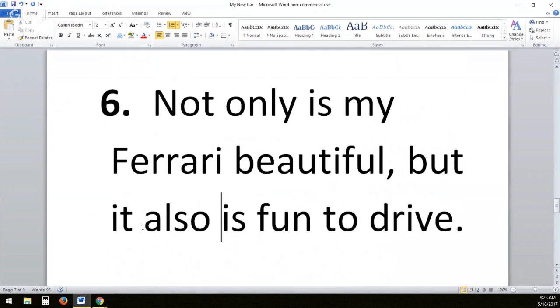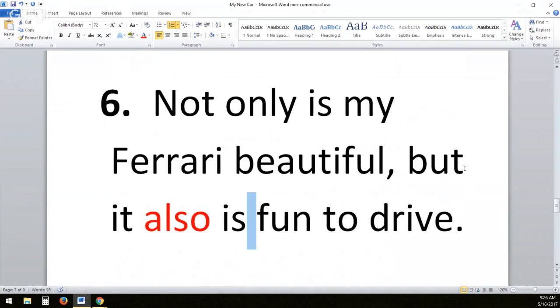Not only is my Ferrari beautiful, but also we could add it here. Or we could say, not only is my Ferrari beautiful, but it is also, we can add it here. There's a couple positions that we can put this word in. So if you added the word also in a different place, no problem.